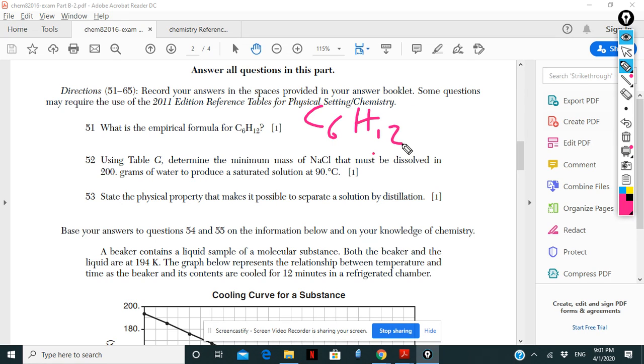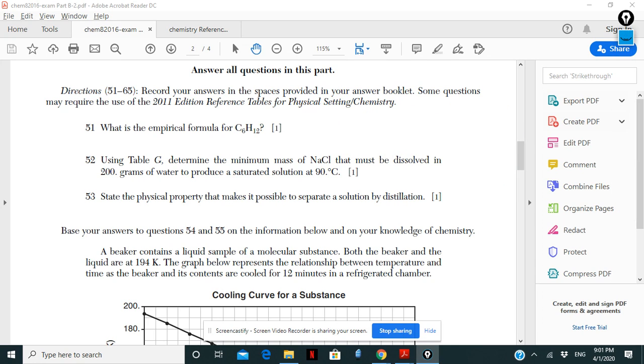C6H12, if we observe, 12 is a multiple of 6, so I can divide both by 6. 6 divided by 6 is 1, 12 divided by 6 is 2, so the final formula is CH2. That's the empirical formula for C6H12.